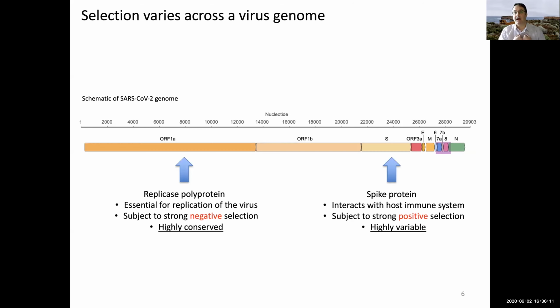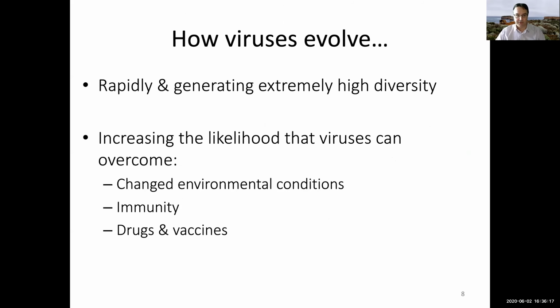But because you have such a high diversity of viruses being produced, it increases the likelihood that within that infected individual, for example, you have an individual virus that is able to evade the immune response, or evade a drug or vaccine-induced immunity as well.